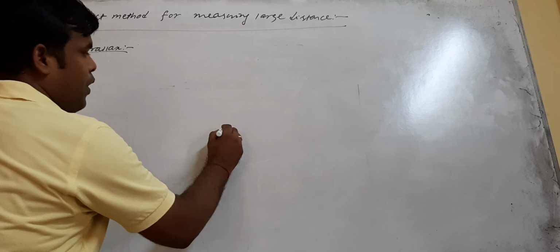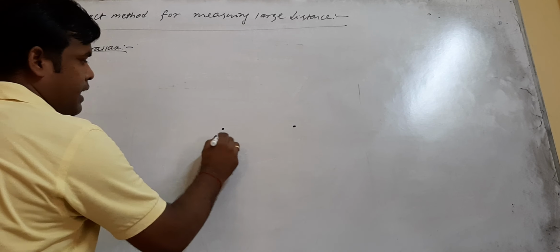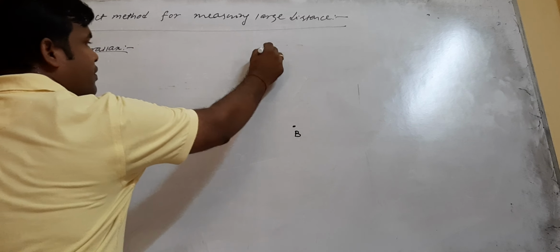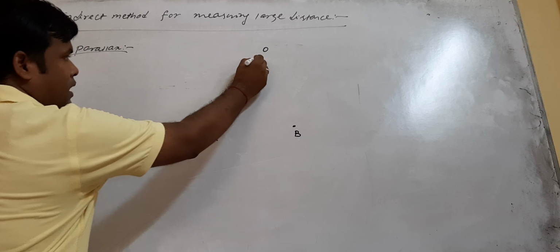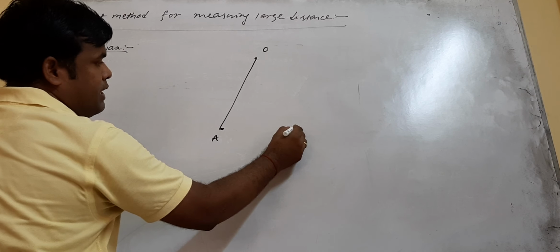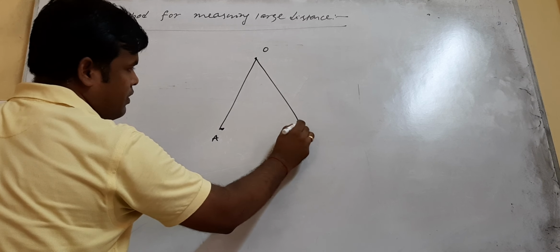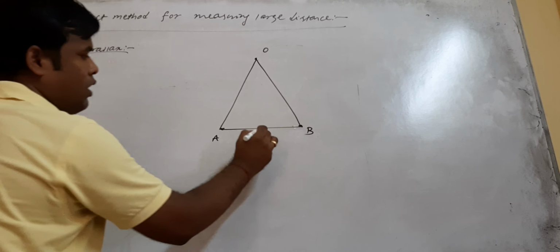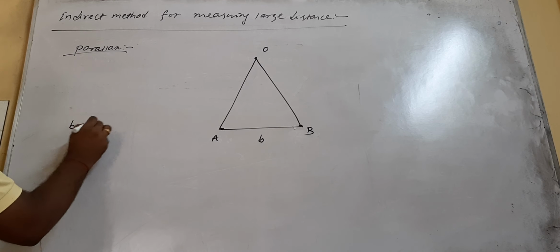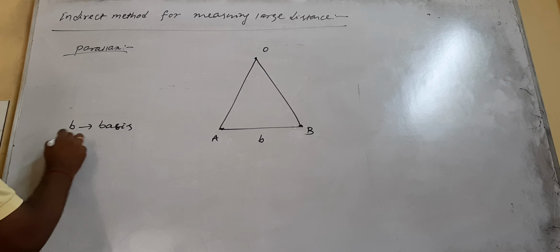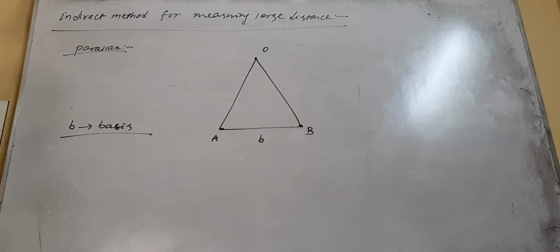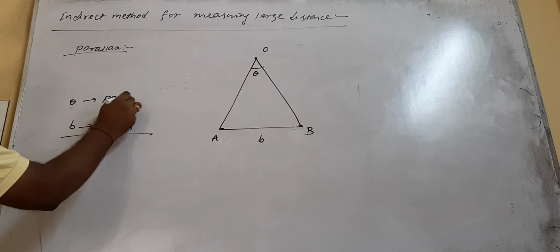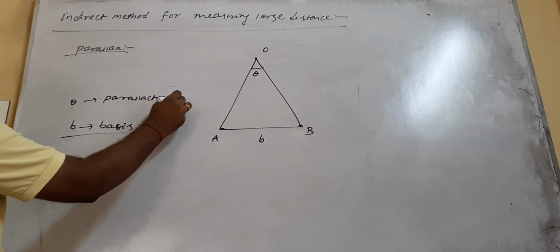Suppose your points of observation are here, let it be A and B, and your object is here. If you are seeing from this, the line of sight is this, if you are seeing from this, the line of sight is this. This distance between two points of observation is called the basis. B is your basis. And this angle is your parallactic angle.